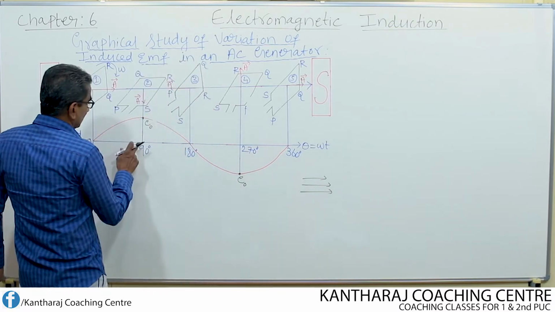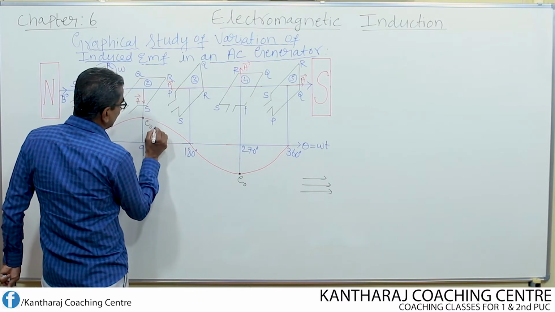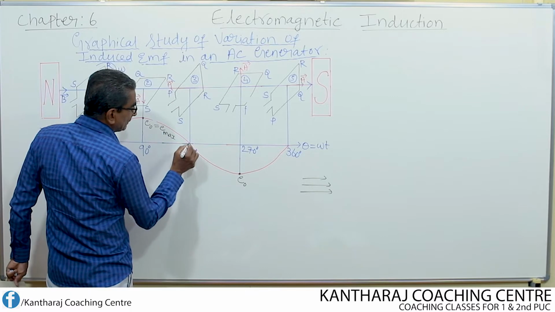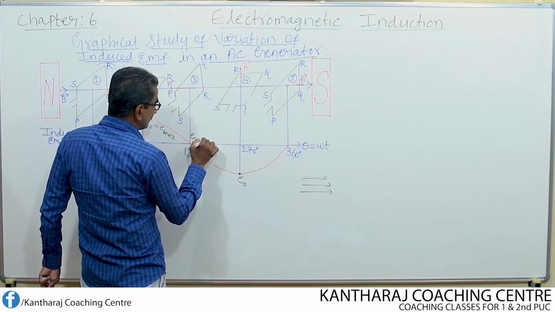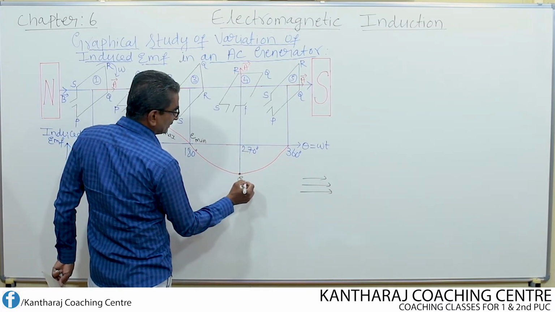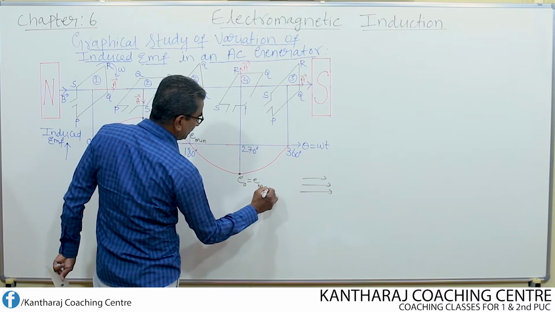So here induced EMF is maximum, E naught or E maximum, here it is minimum. Minimum means almost zero induced EMF. Here once again it is maximum, E naught, which is also equal to E maximum.